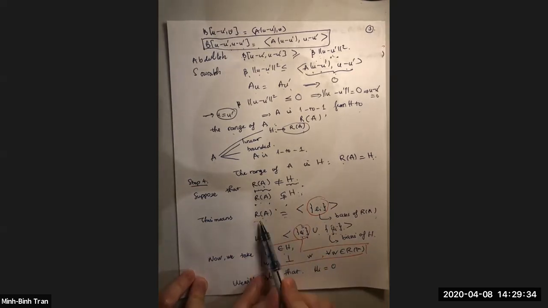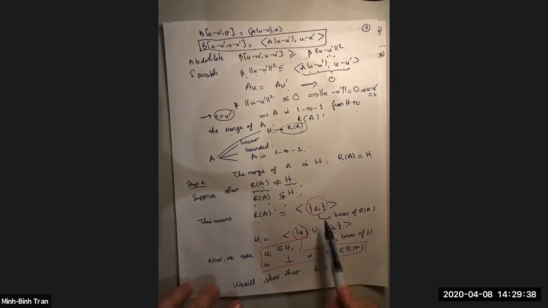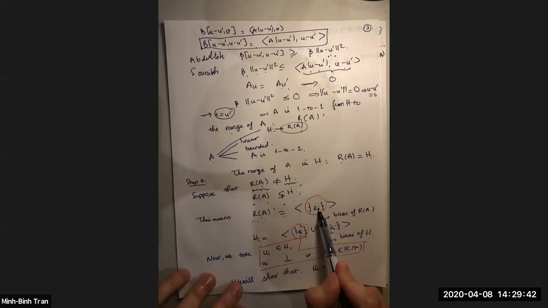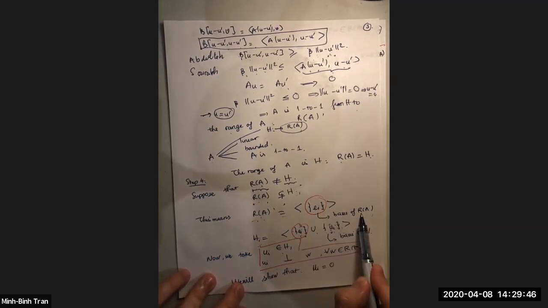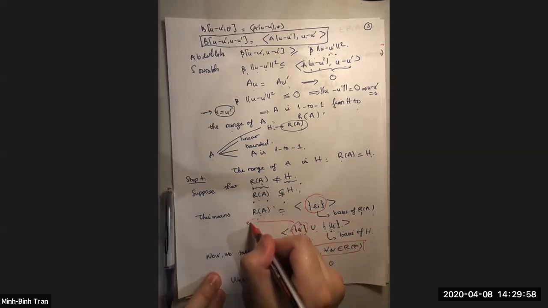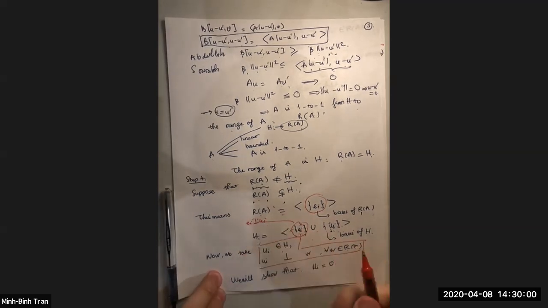Which means that this range is created by a basis, and H is created by a bigger basis, including this basis, right? Because E_i is the basis of this range of A, and then U_i is the basis of H, U_i and E_i have to be orthogonal, right? Remember that U_i and E_i are orthogonal because they form a basis for H.